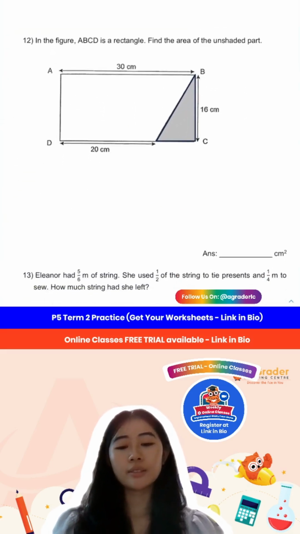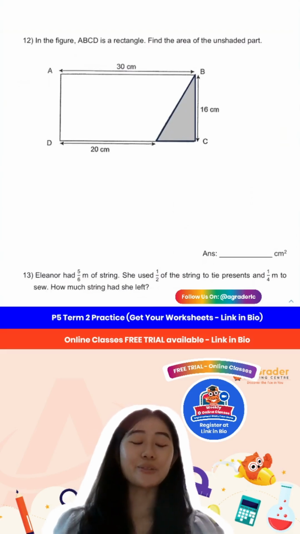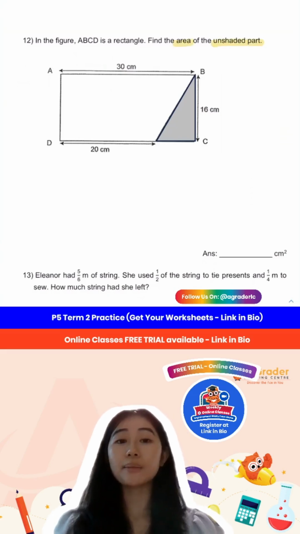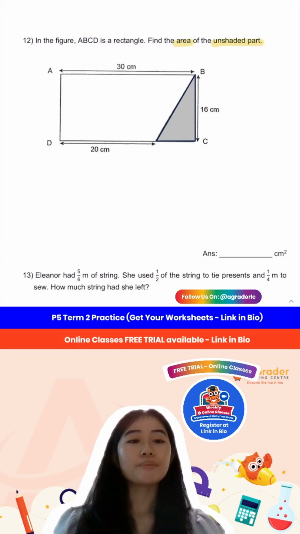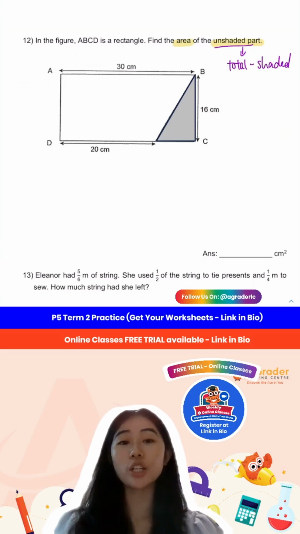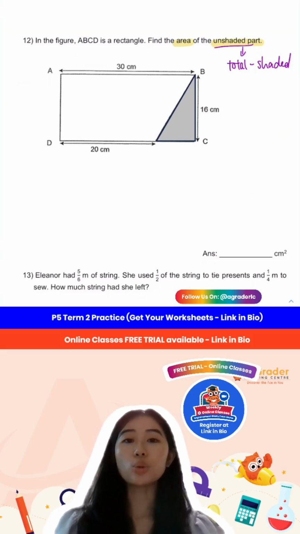Okay, so again, you see an area of triangle question. You have a rectangle here and you're supposed to find the area of the unshaded part. So how do you find the unshaded part? You are going to use the total area minus the shaded area. Then you can get the unshaded area. So let's find the total area first.